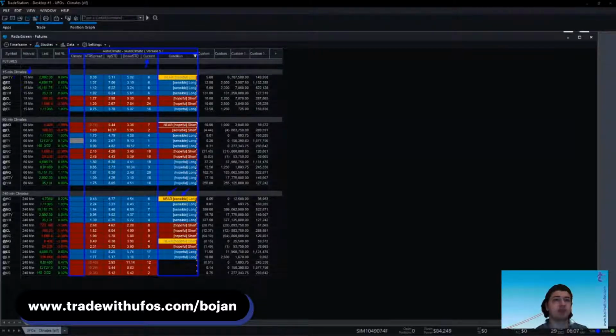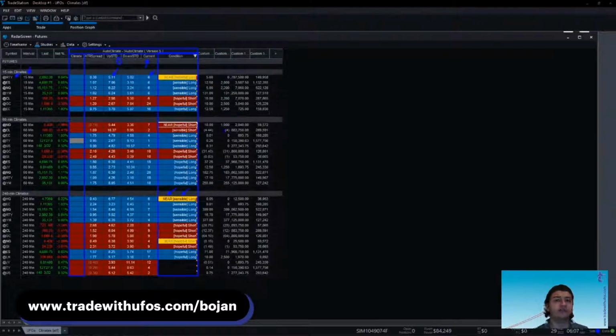Right now, Russell on the 15-minute time frame has been going up for 6 15-minute increments, and it typically goes up for 5.11, which when we round up is 6. So right now the Russell is at the end of its climate, which is why it's showing a hopeful long rather than a sensible long.